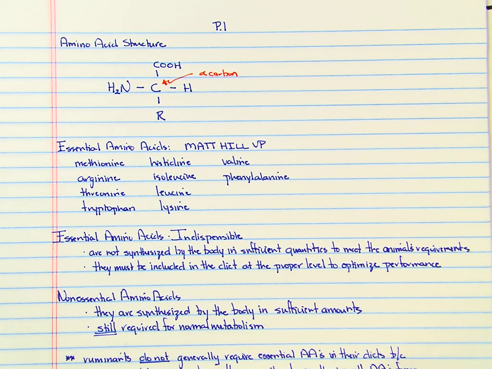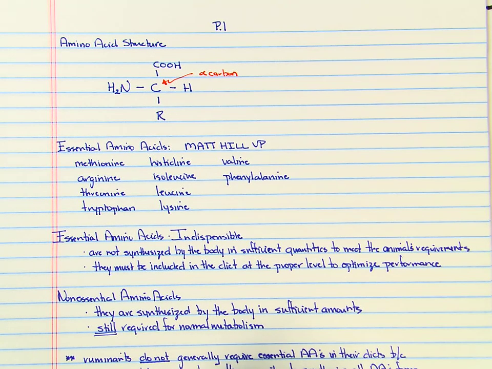And preformed just means that you have to provide them already as essential amino acids. We're no longer counting on the microbes to do it. And the first one is high producing dairy cows.